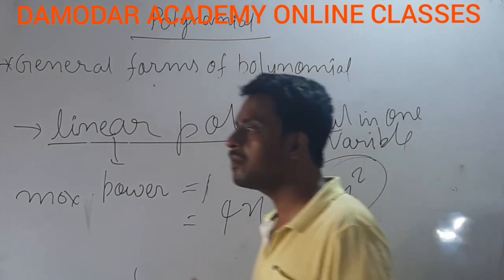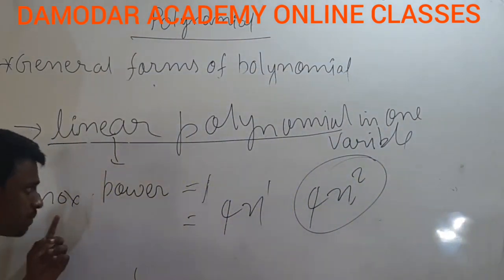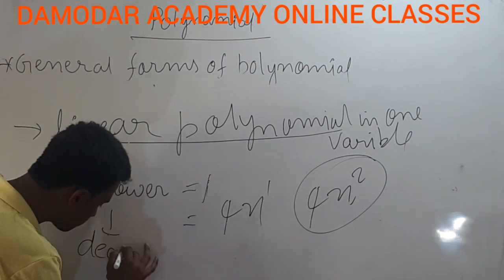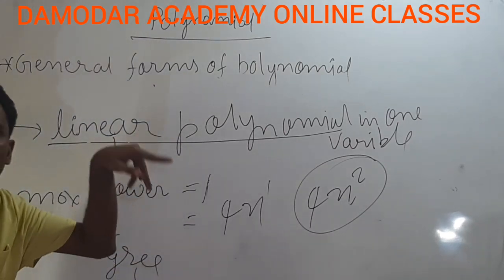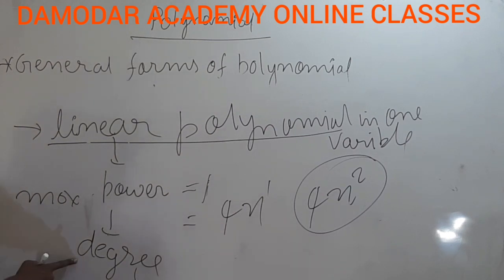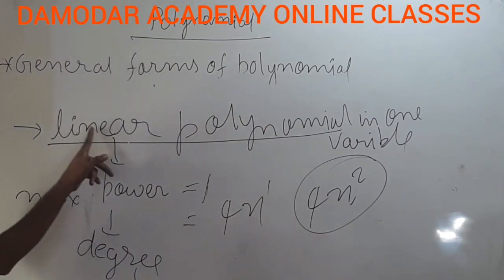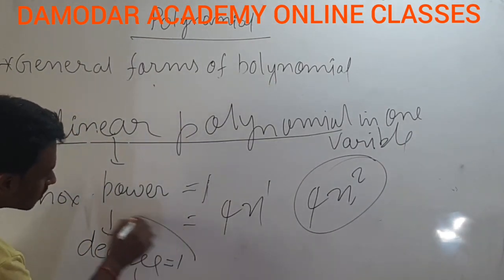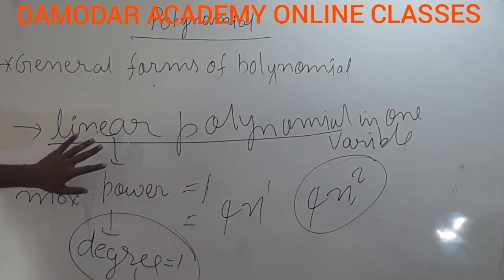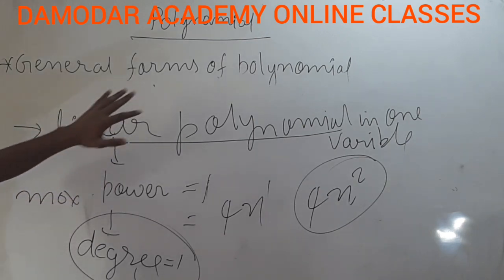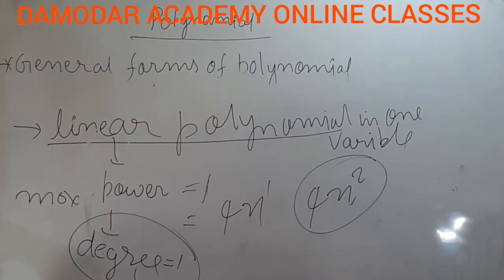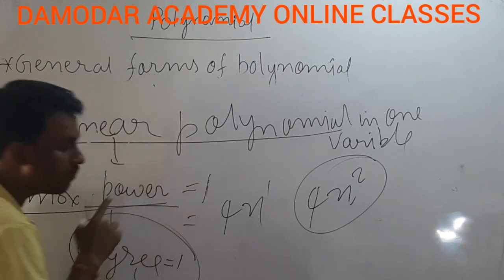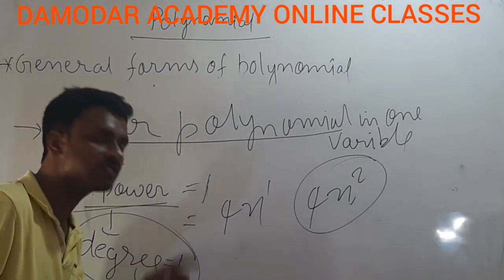अब देखो जब मैंने डिग्री बताया, क्या बताया था, जो मैक्सिमम पावर होता है किसी भी टर्म्स का वही उसका डिग्री होता है। क्या होता है डिग्री, मैक्सिमम पावर ऑफ द टर्म्स इन ए पॉलिनोमियल इज कॉल्ड डिग्री। दैट मीन्स फॉर लीनियर पॉलिनोमियल द डिग्री ऑफ दैट पॉलिनोमियल इज ऑलवेज इक्वल टू 1। ओके, a polynomial to be a linear polynomial, its degree must be equal to 1 because for the linear polynomial the maximum power of terms is always equal to 1.